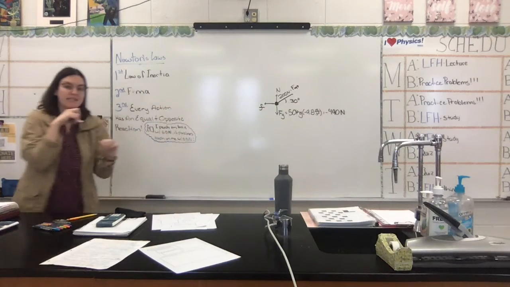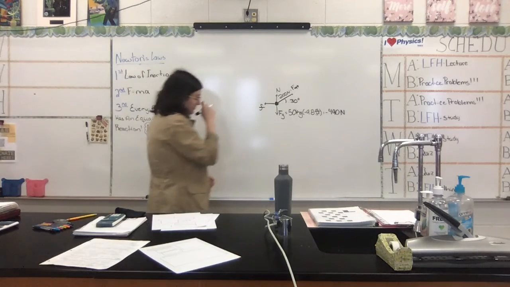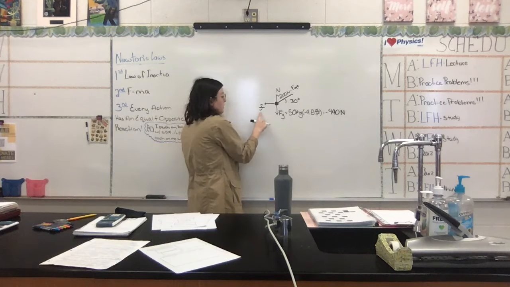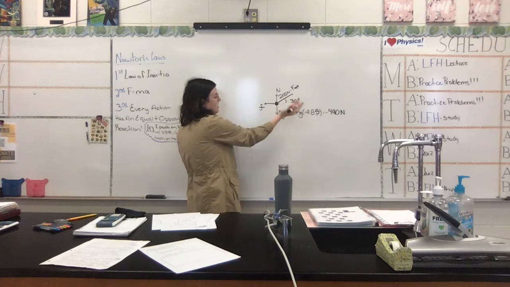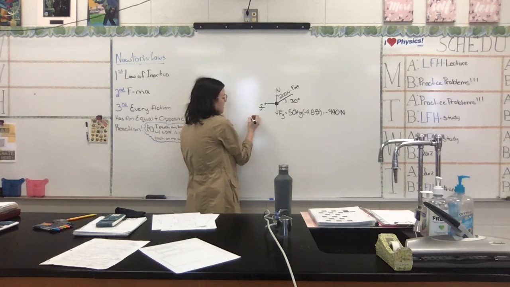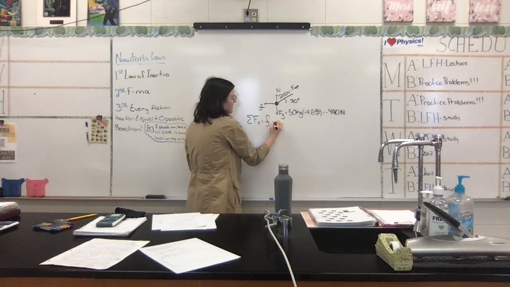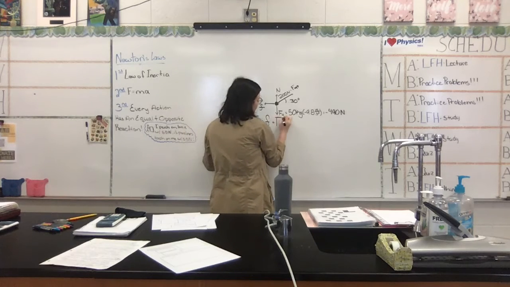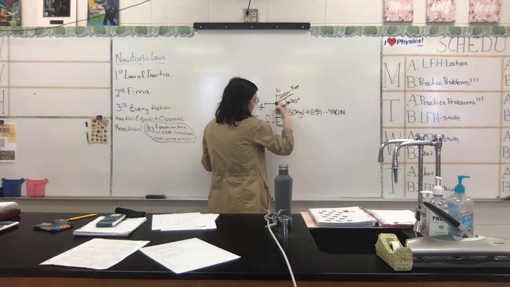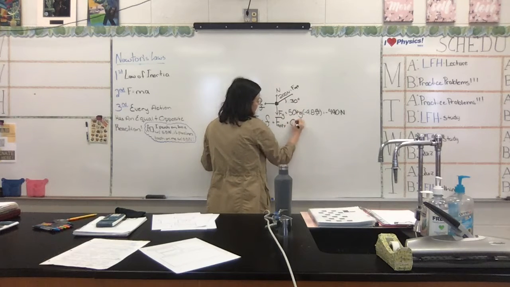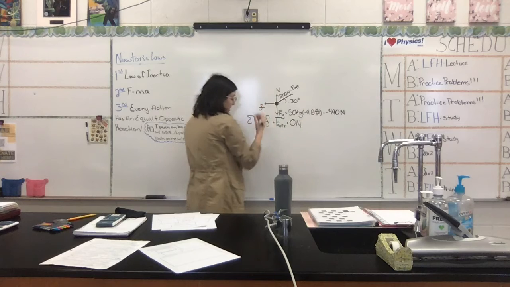Okay, so if we want to know the force of friction, and it's in the x direction, we're going to want to sum the forces in the x direction. So we're going to have friction plus the x component of that applied force. And since it doesn't budge, they're going to equal out to 0.